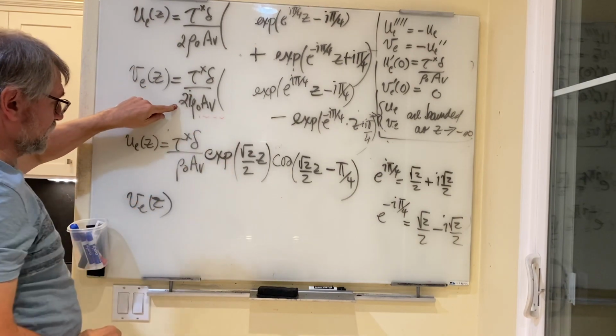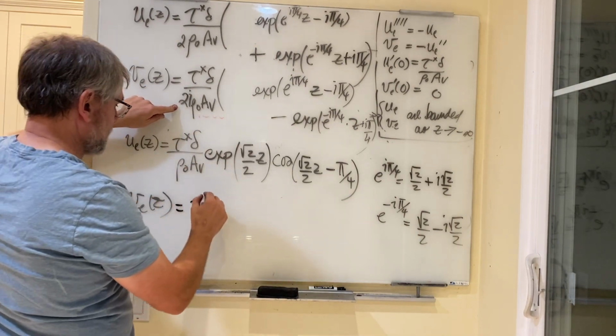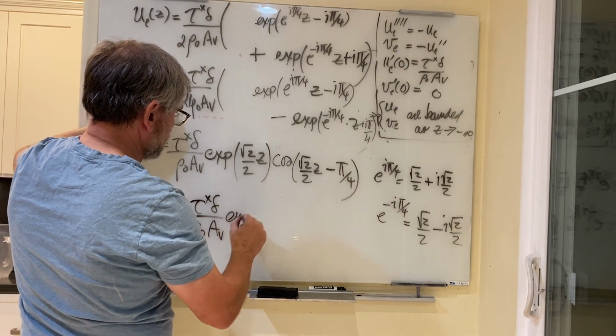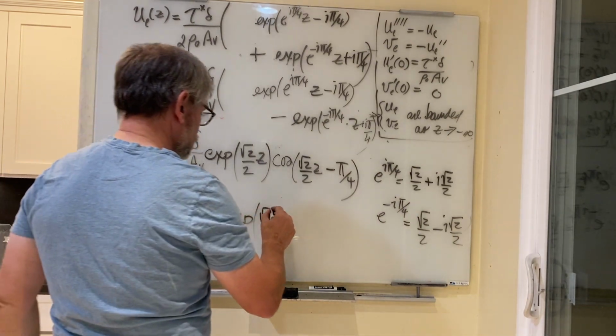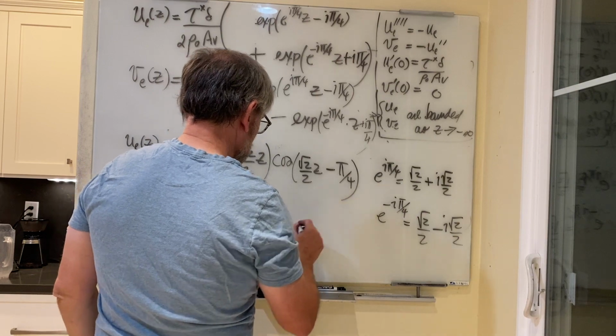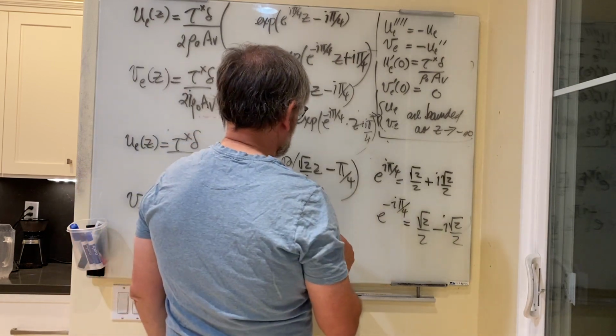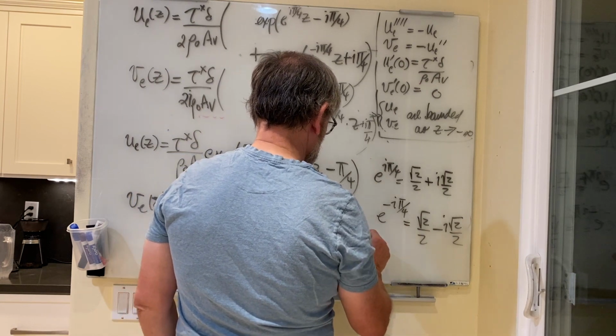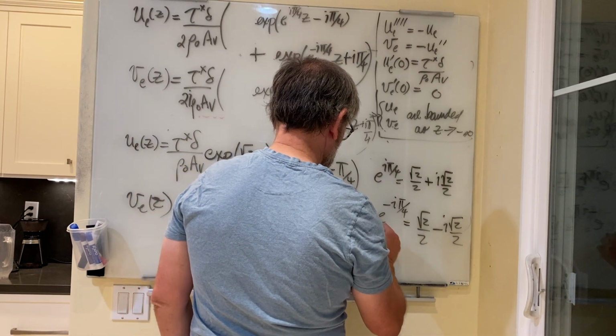I have a 2i in the denominator. So this becomes tau x delta over rho naught AV exponential of root 2 over 2z times sine of root 2 over 2z minus pi by 4.